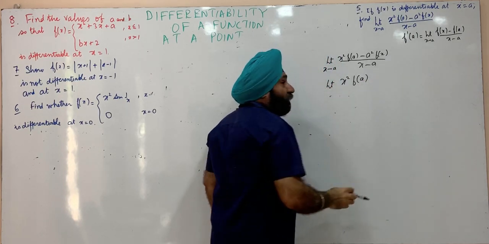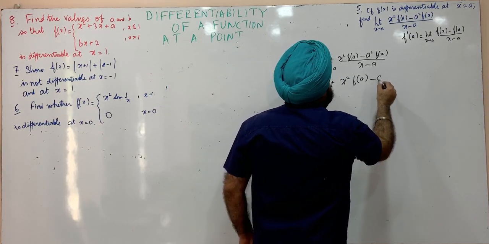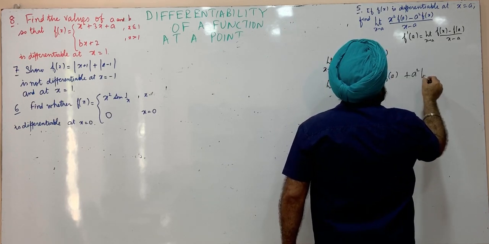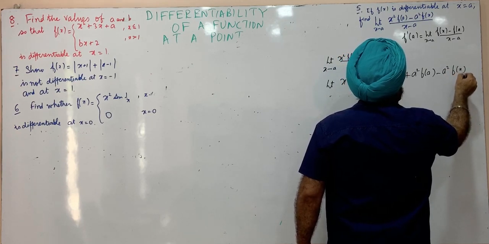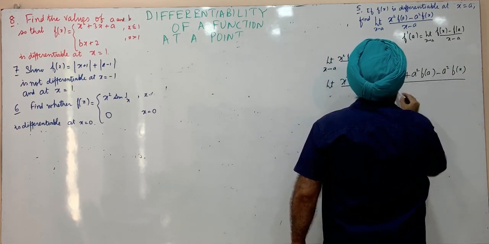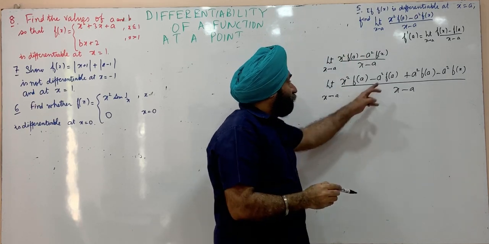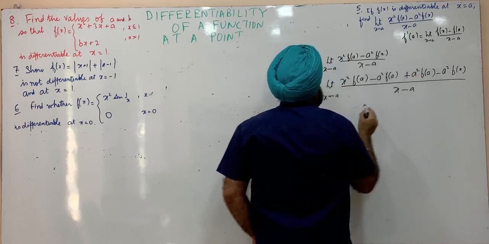To make this result applicable, we add and subtract a square f of a. We are subtracting, then adding a square f of a, and this term minus a square f of x whole divided by x minus a as x approaches a. So we are adding and subtracting this expression so that this is applicable.